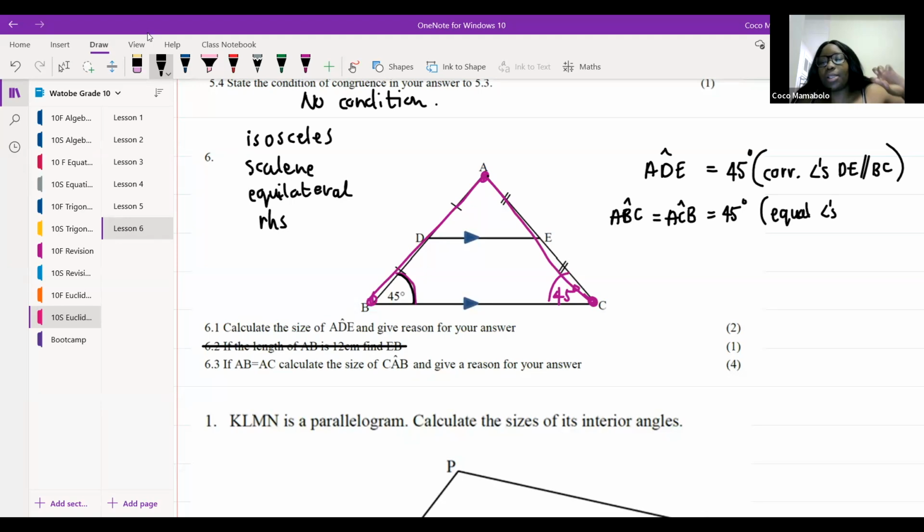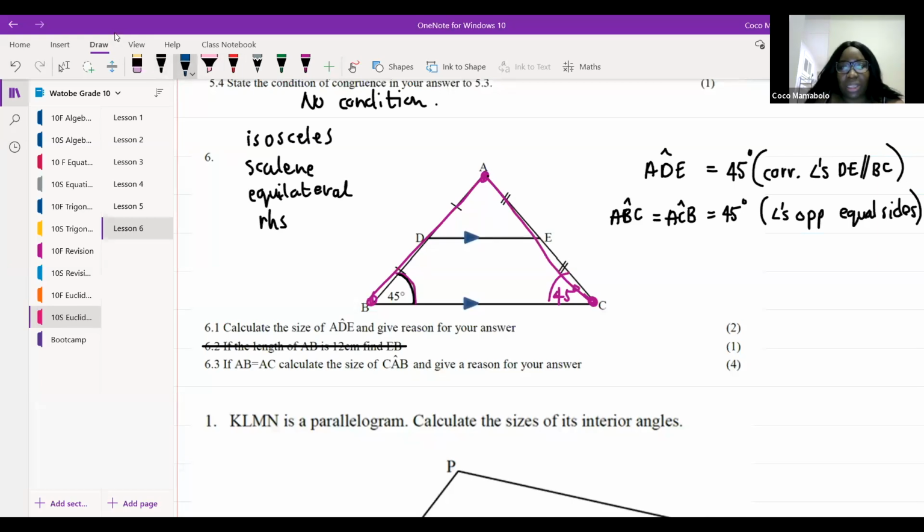Teacher Nels, help me out here. Angles opposite equal sides. Good, thank you. It means isosceles, but it's angles opposite equal sides. Okay, so this is the condition that they're actually looking for.